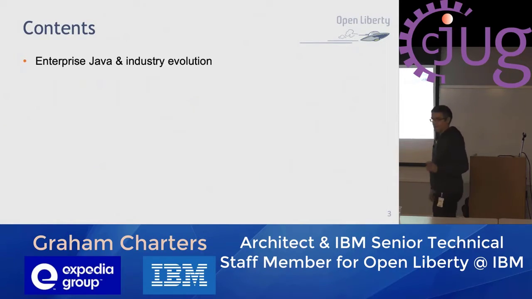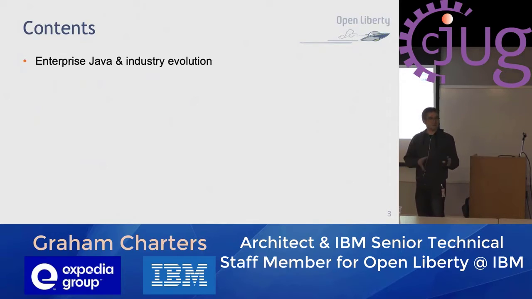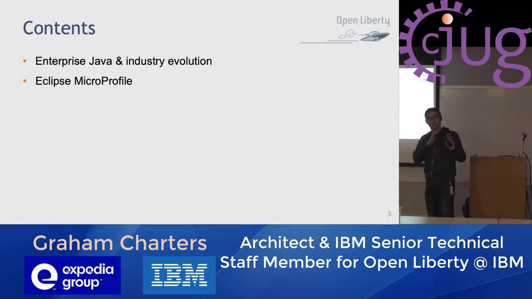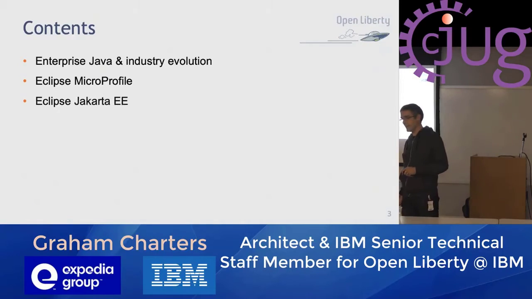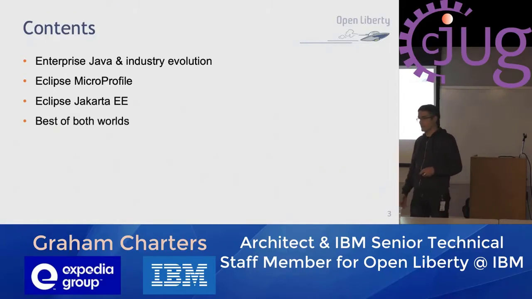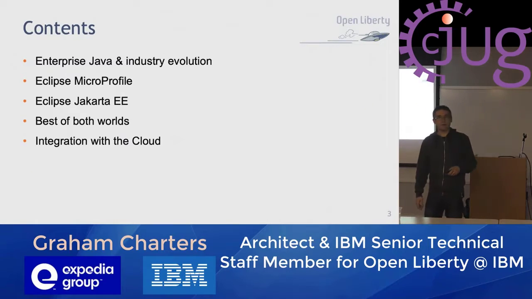All right. So the talk, we've got quite a lot of slides, so I'm going to rattle through them quite quickly. There'll be a little bit of background on enterprise Java and also industry trends and evolution and how that's influencing enterprise Java. We'll talk a bit about Eclipse MicroProfile, so I'll hand over at that point, and Emily will take you through Eclipse MicroProfile and Eclipse Jakarta EE, and then talk about the combination of the two technologies and integration with the cloud.